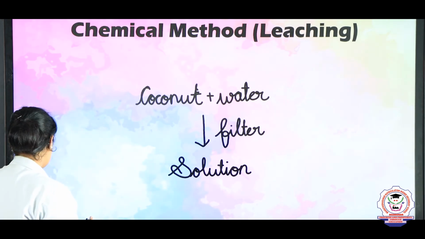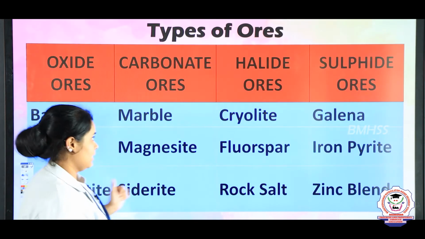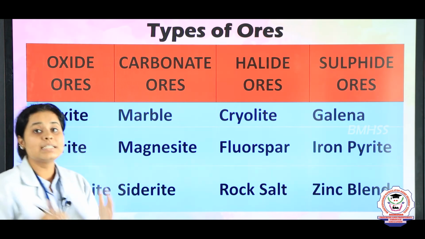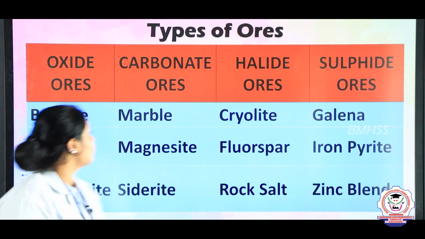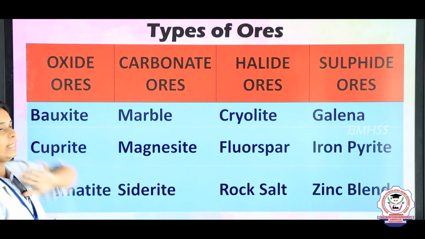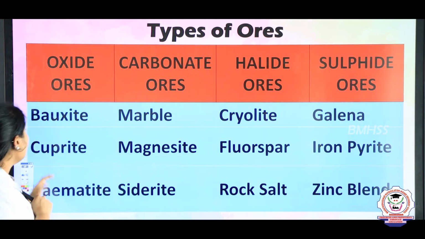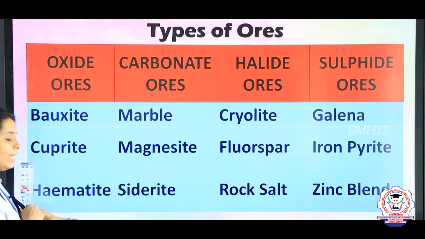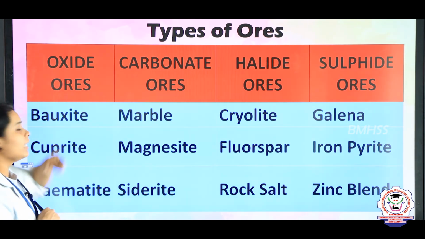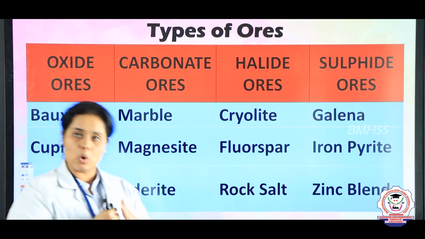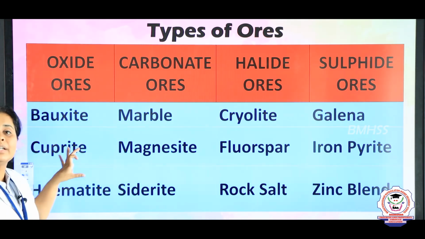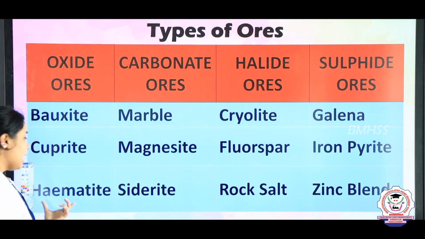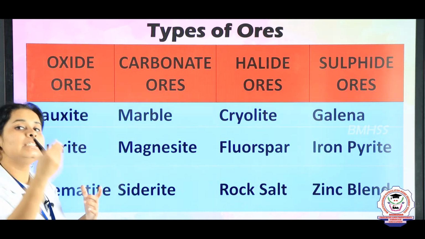Okay students, after that come the types of ores. Ores can be of various types. The first type is oxides: bauxite, cuprite and hematite. Bauxite is an aluminium ore with oxygen present, cuprite is copper plus oxygen, and hematite is iron plus oxygen.